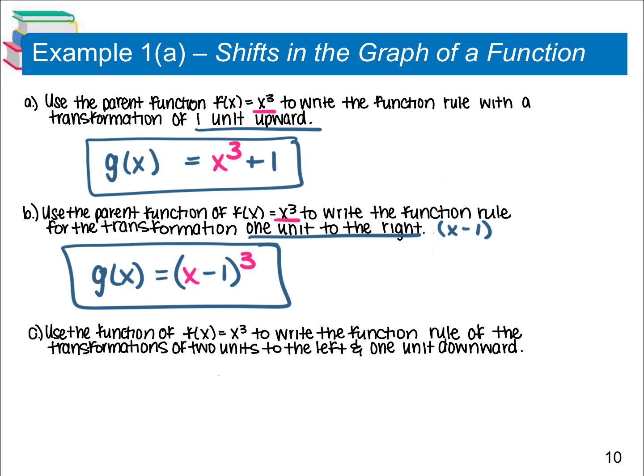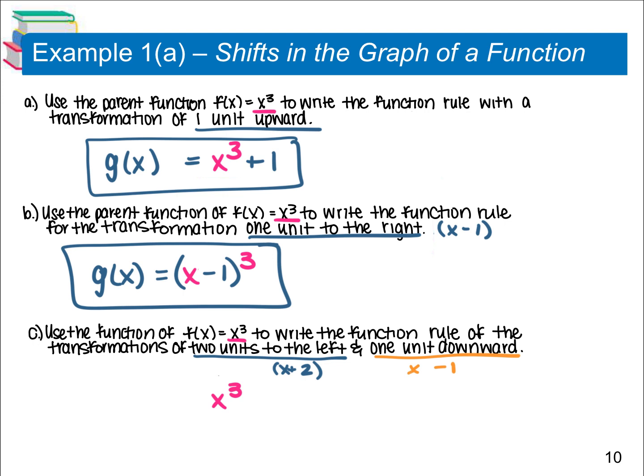For example, C, you're told to use the parent function of f of x is equal to x cubed. So we're going to start with x cubed again. To write the function rule of the transformations of 2 units to the left. So that's going to be in parentheses, so plus 2. And then 1 unit down, so that's going to be minus 1 after the x, not in parentheses.